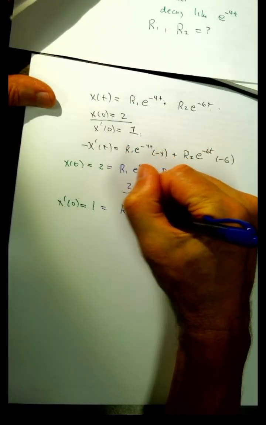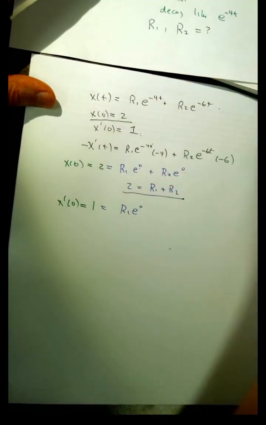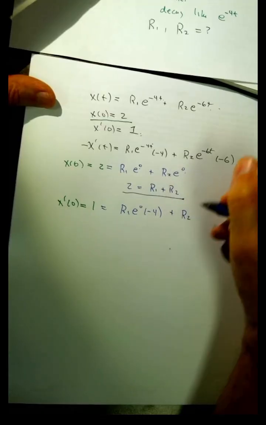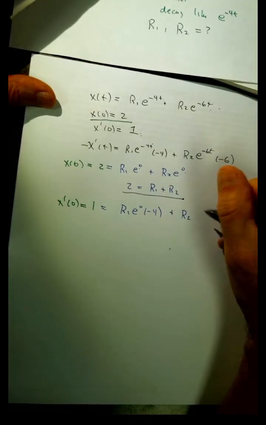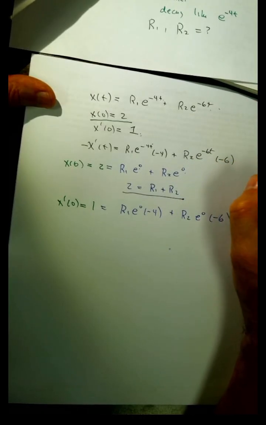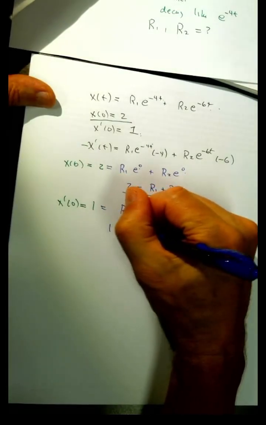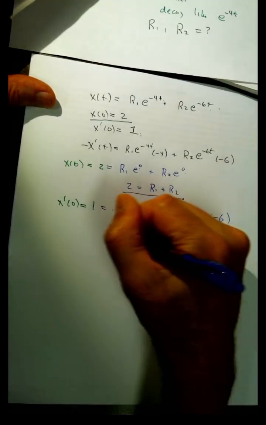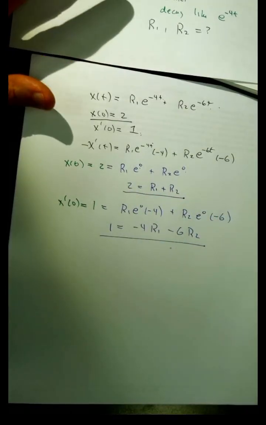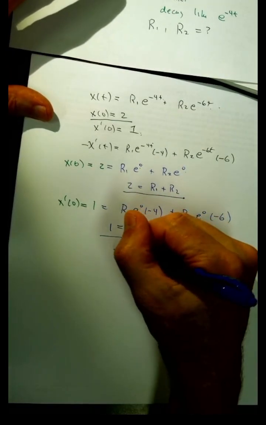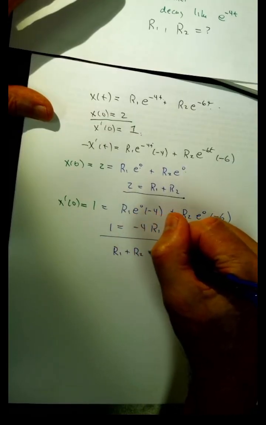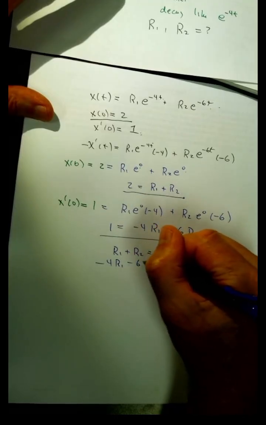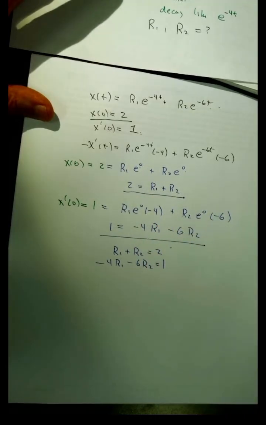So t is 0, and e to the 0 times -4 and e to the 0 times -6, so I get 1 equals -4 r1 - 6 r2. Those are my two equations, two unknowns: r1 + r2 = 2 and -4 r1 - 6 r2 = 1.